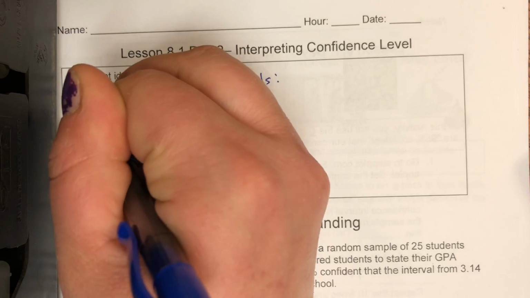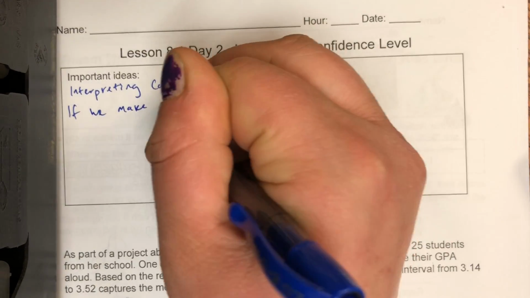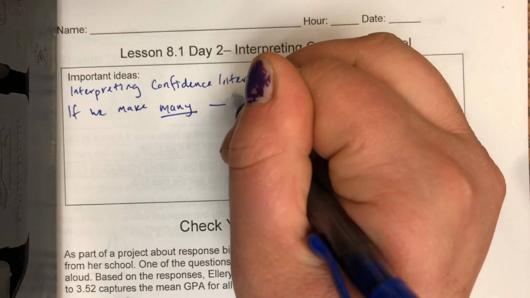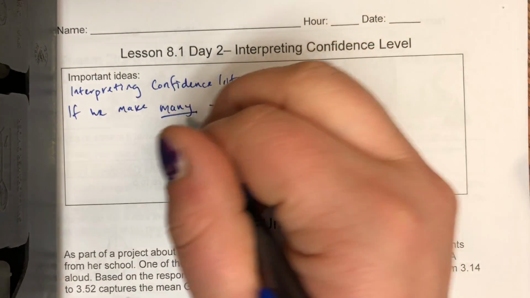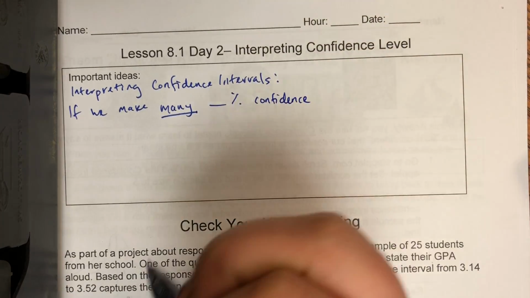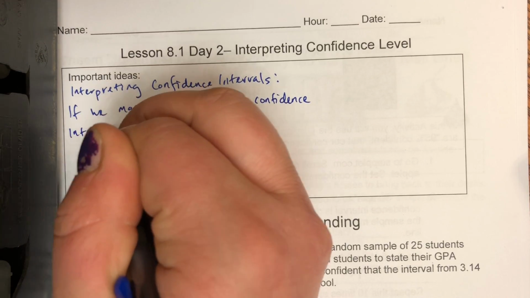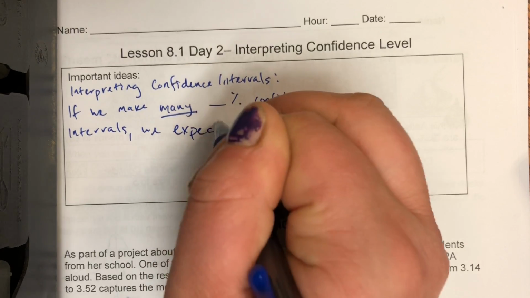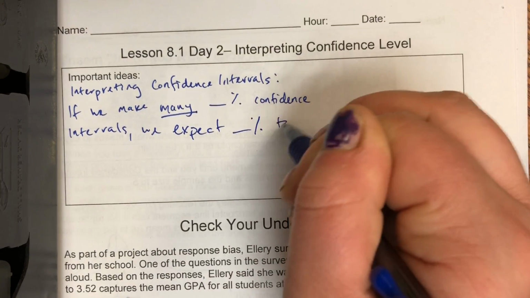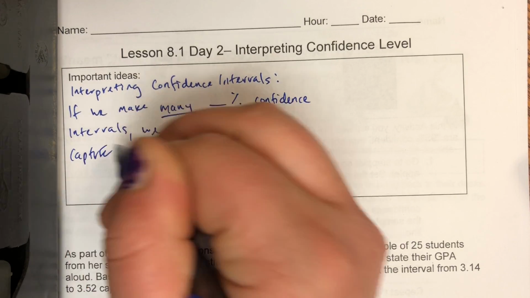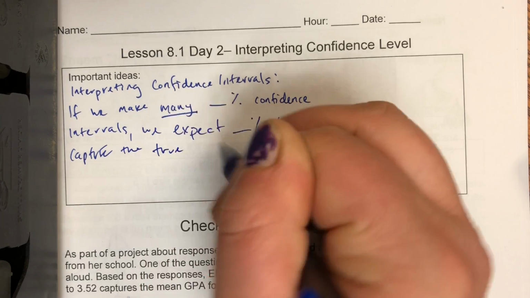Let's say, if we make many percent confidence intervals, we expect about that same percent to capture the true parameter.